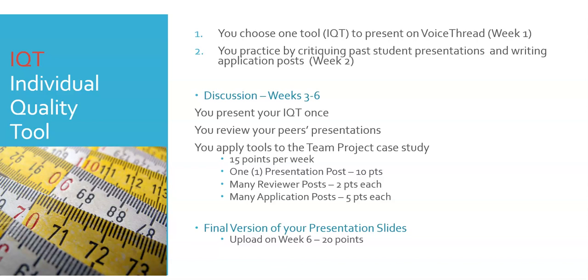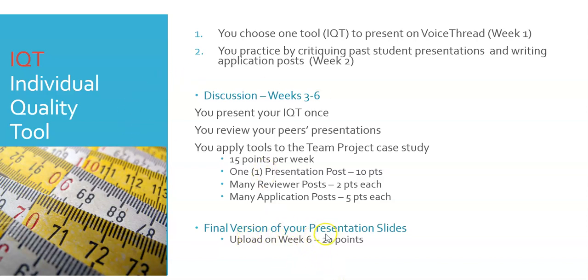And you'll be doing application posts where you choose one of the tools that was presented, for example, checklists, and you explain in great detail how you would apply that quality tool or technique to your particular part of the team project. So there is overlap between the IQT and the team project, which is nice because once you've done it in one place, you can use it in the other place, but otherwise they're not related in terms of grading.